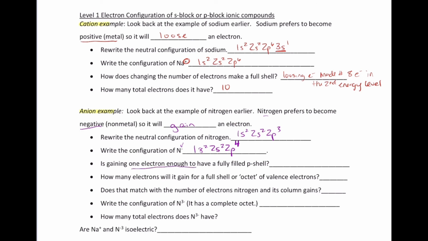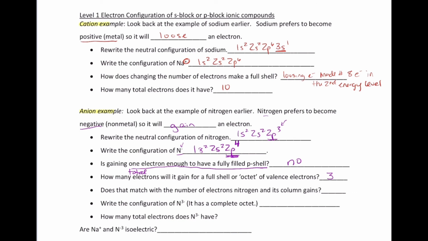Is gaining 1 electron enough to have it fully filled p? Well, we know that our p's like to have 6, so it's not enough. How many total does it need to gain? It had 3. It needs 3 total electrons to get this 2p up to 6.